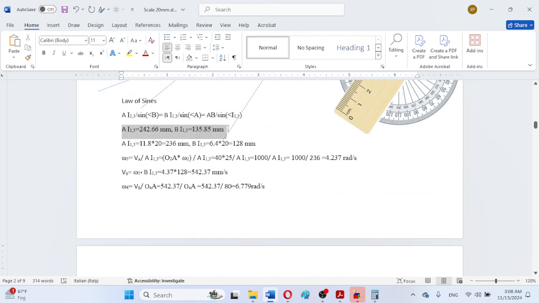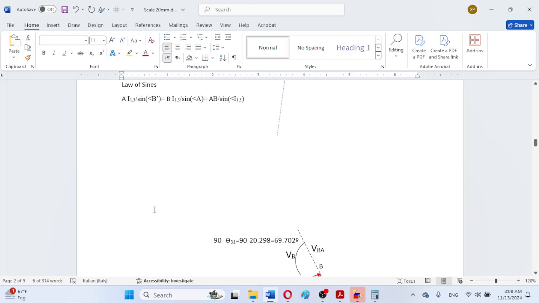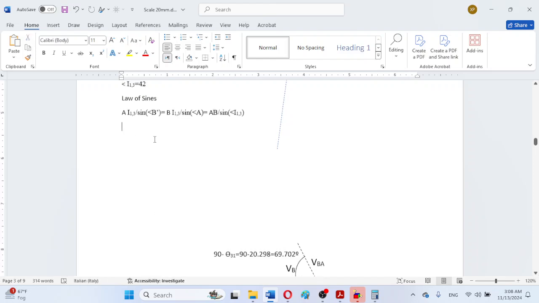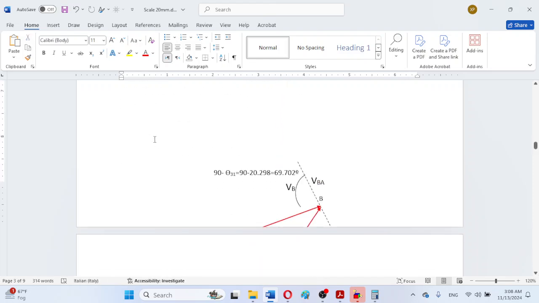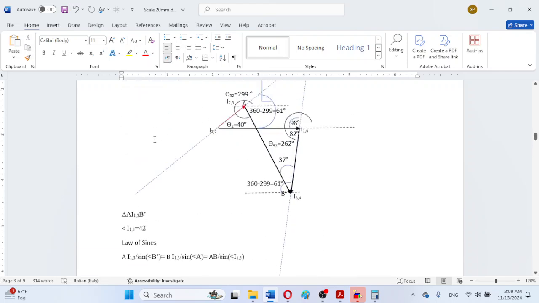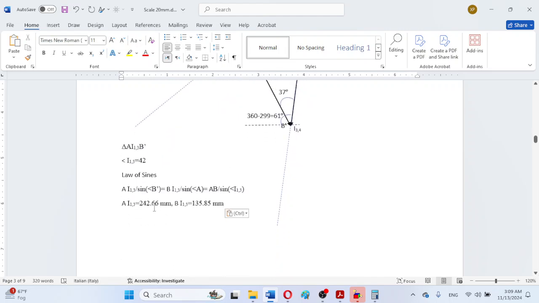So I can just copy paste here and label, and then modify the values. The values can be calculated with the help of a calculator.